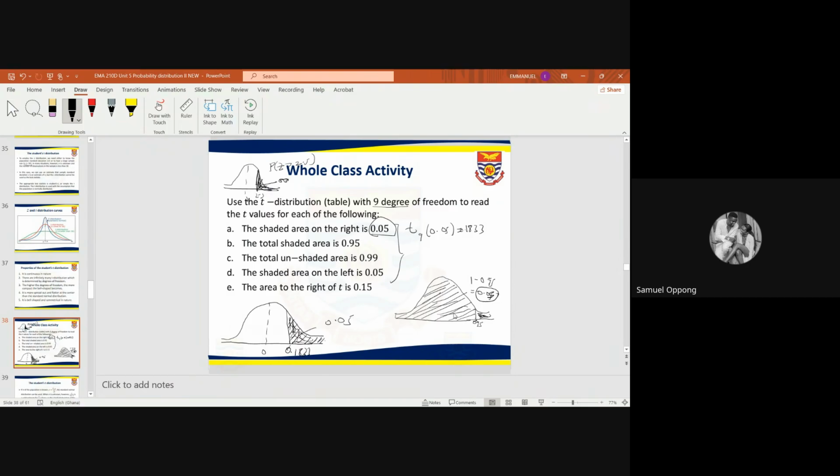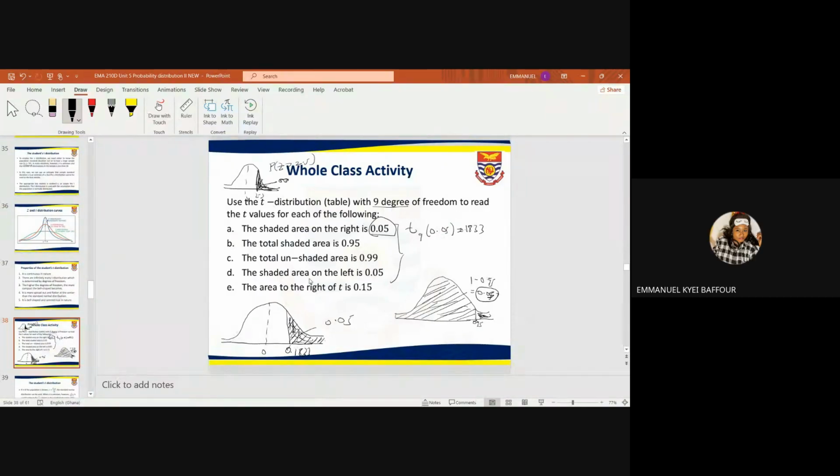Okay, yes. So if it's equal to 1, and we've been asked to find the t value that corresponds to the area that is shaded on the right, which is 0.05, then if we pick the right like this, here is 0.05. So at this point, if the shaded area is 0.05, then it will be to the tail end of the right side. Yes.